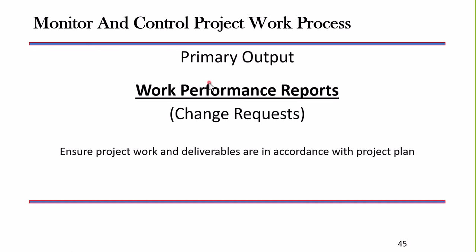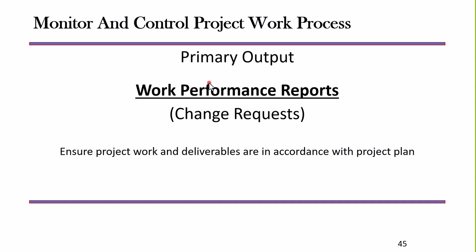All right, so now think of this. I have a plan. I'm executing that plan. I now want to monitor my execution to make sure I'm executing in accordance with the plan. That's where monitor and control project work comes into play. Is my project progressing according to the plan?